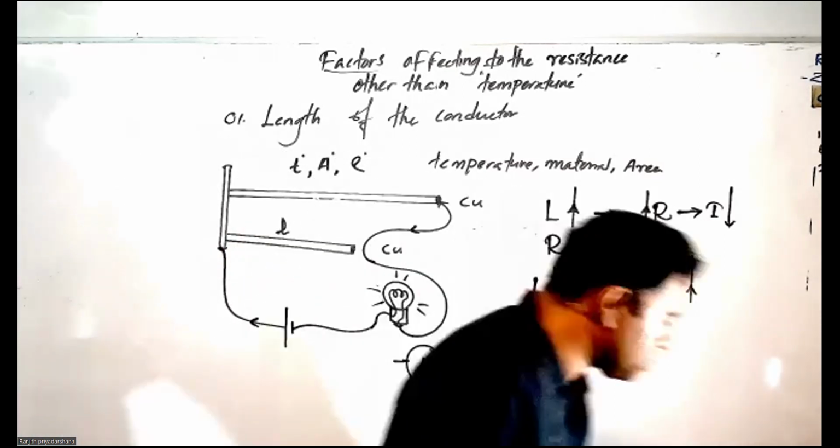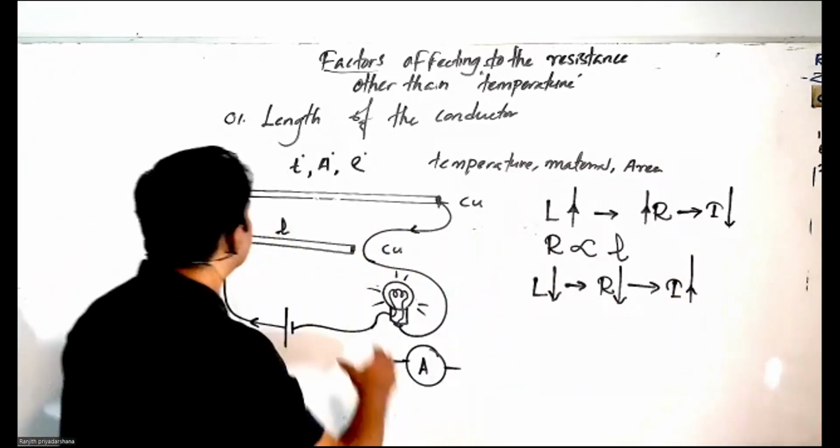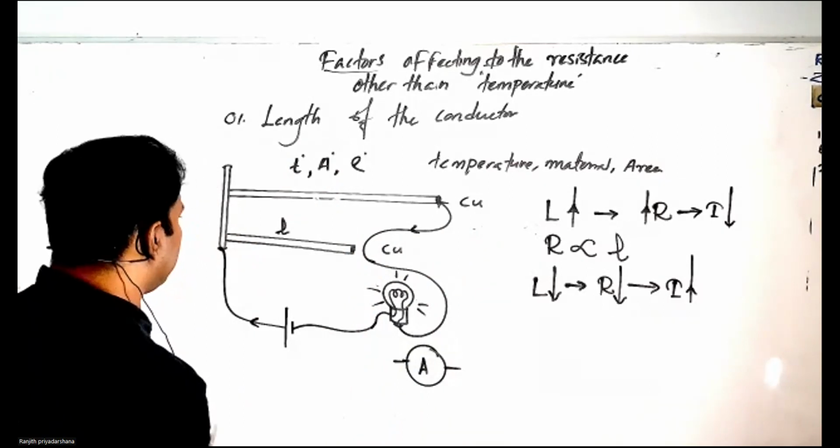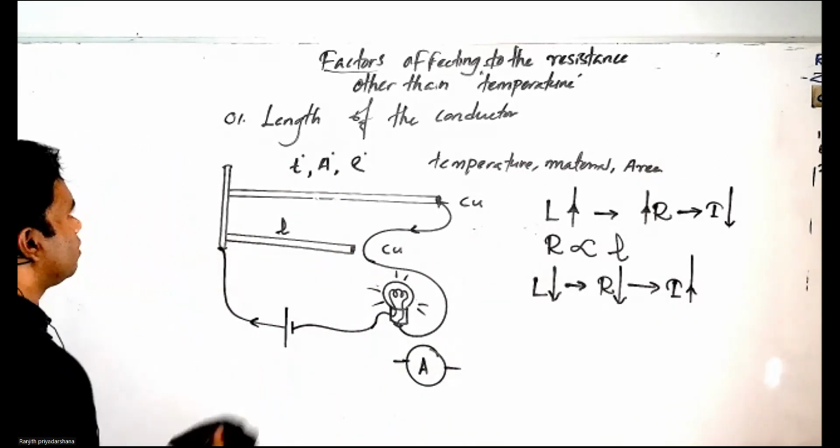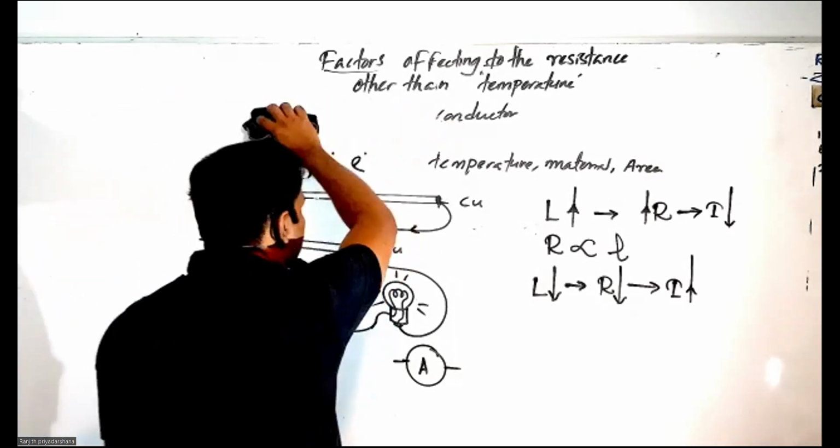Right. Next thing, area of cross section. මේ කම්බියේ හරස්කඩ. Right. Next factor affecting the resistance.